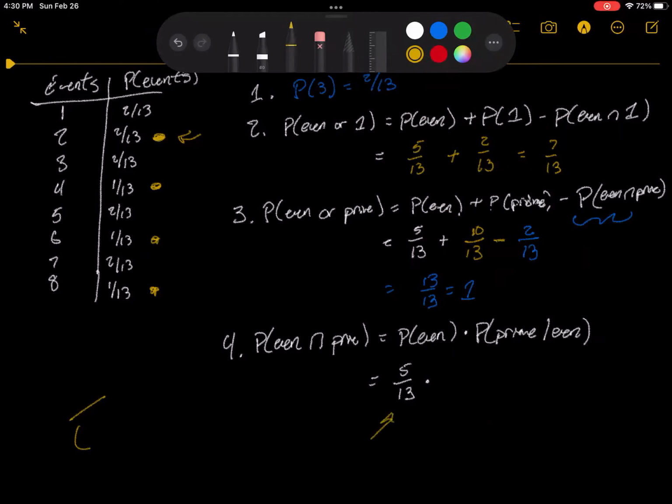Oh yeah, of course, 5. So out of the 5/13 space that the even numbers take up, how much is taken up by a prime number, which is the 2/13. Right, and if you simplify this, you get 2/5.